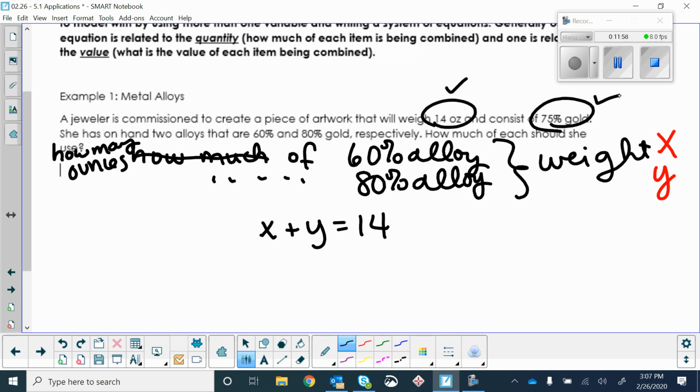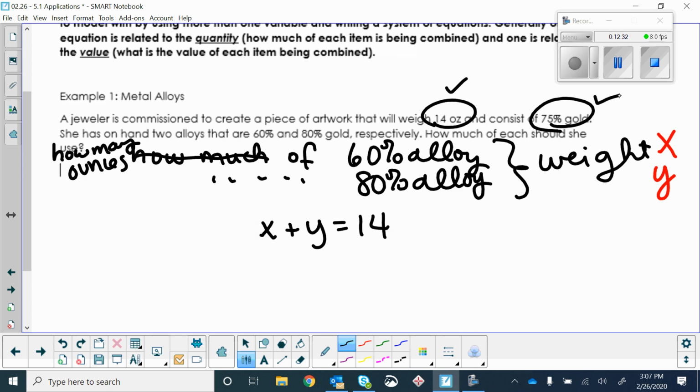This is going to use the 60%, the 80%. And to sort of guide you into this equation, I have this question. This is a side question, with a number that's not in the problem. If I told you that I had 12 ounces of the 60% alloy, and I wanted to know how much gold was in there, what math would you do? 12 ounces of 60% alloy.